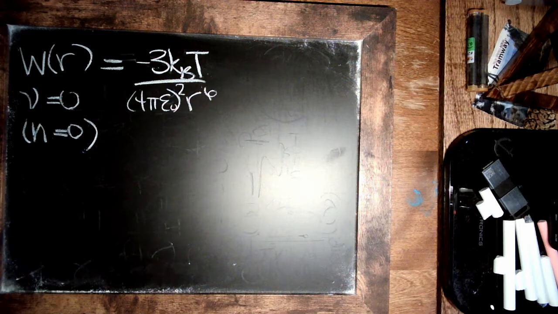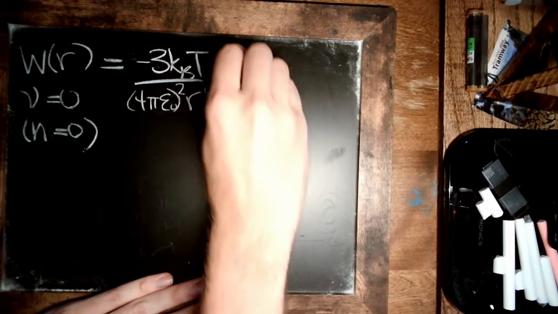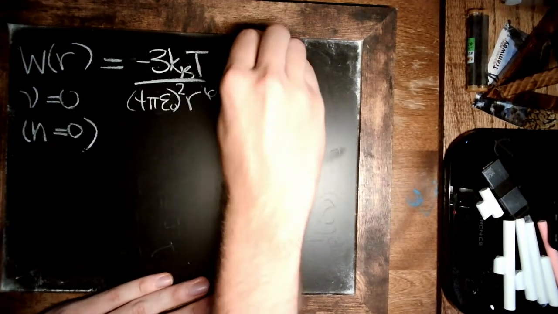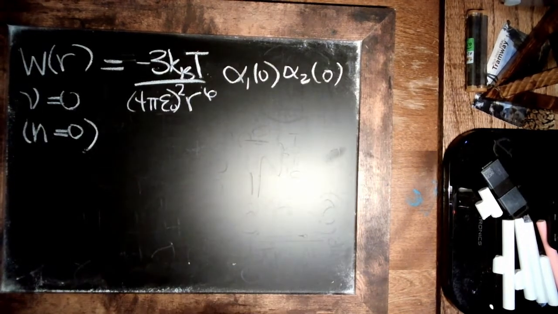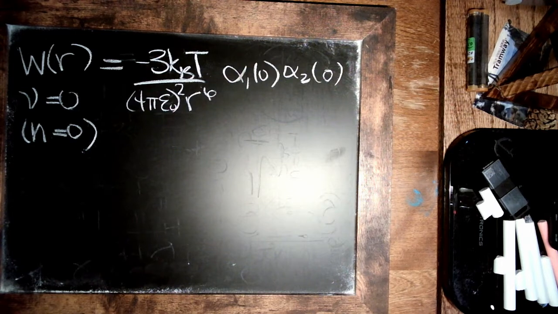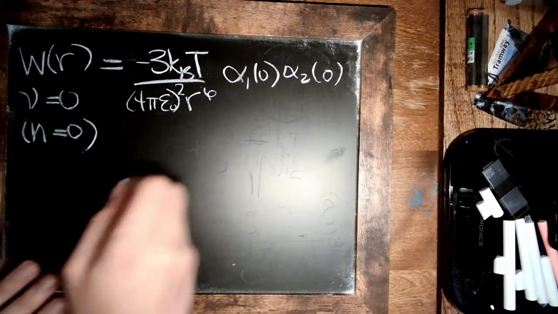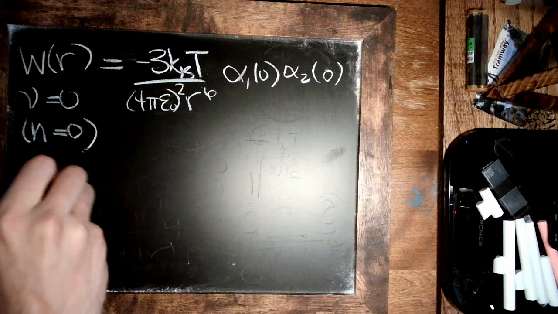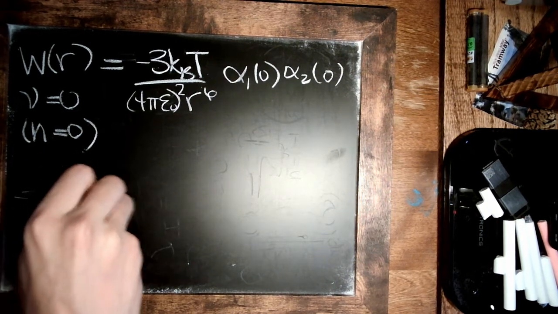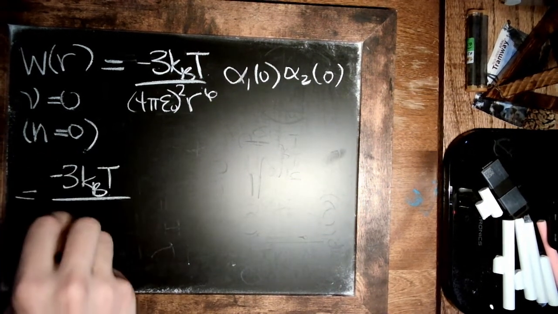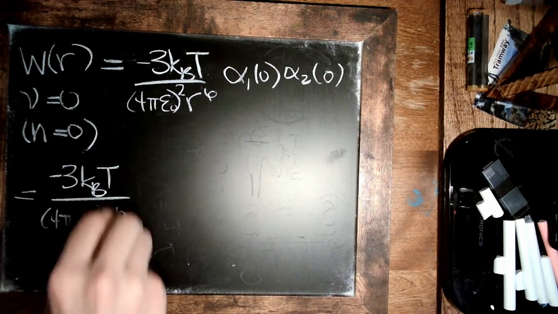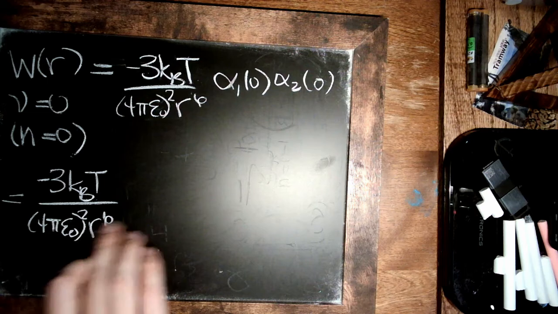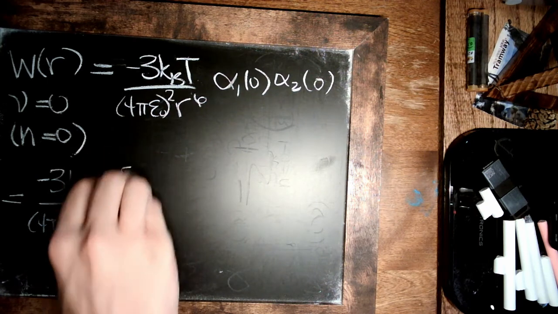Now, what you would get from the sum over the polarizabilities is simply alpha 1 of 0, alpha 2 of 0. So we can expand the expressions that we got for those on the previous board as follows. So we pull down our favorite constants, just like that, and we would get the two terms.